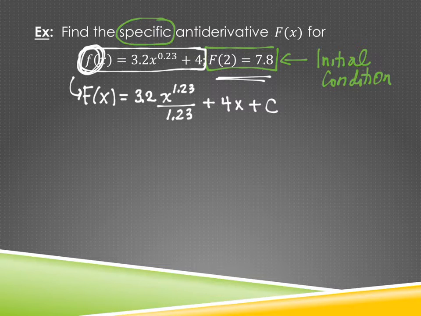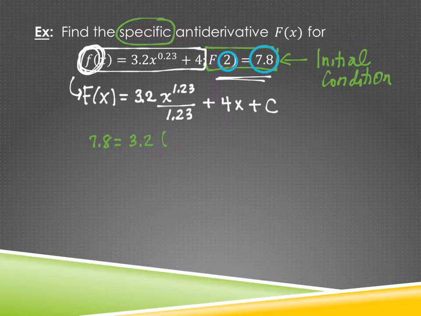Now, if you remember from this notation, what it's telling you is that you have the x value of 2. So everywhere you have an x, you're going to plug in a 2. And it's telling you the output value, that is what's on the left-hand side, is 7.8. So in our problem down here, we're going to replace this side with 7.8. The 3.2 stays.